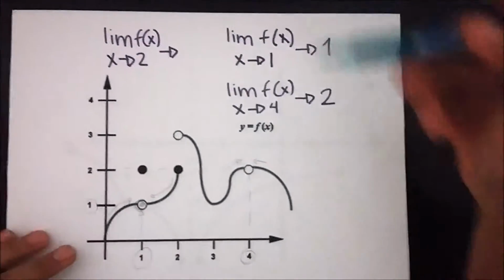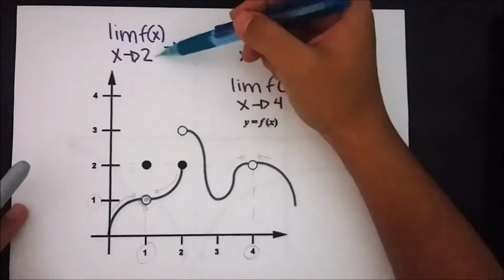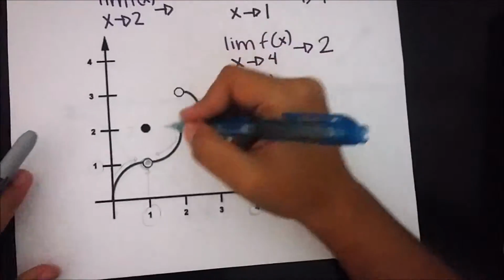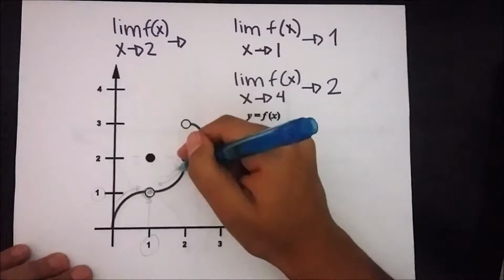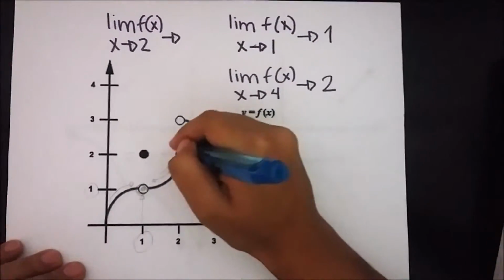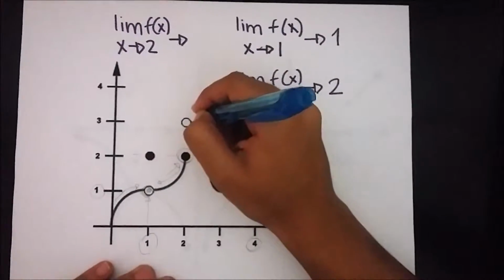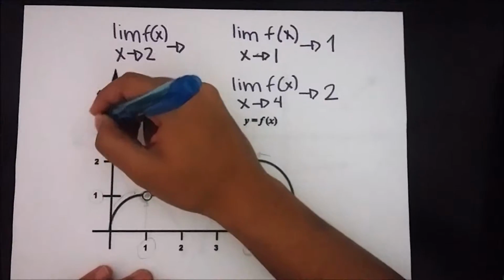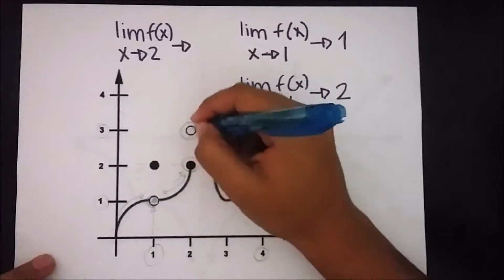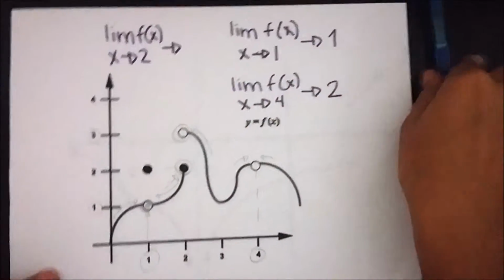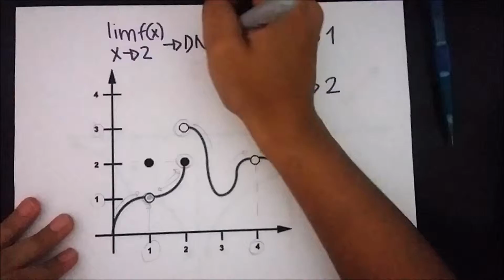But now we have a different example, the limit of f of x when x approaches 2. We come from the negative side and see that the graph ends at positive 2. And we come from the positive side and the graph ends at positive 3. But the limit in the graph is not the same, so in this case we say that the limit does not exist.